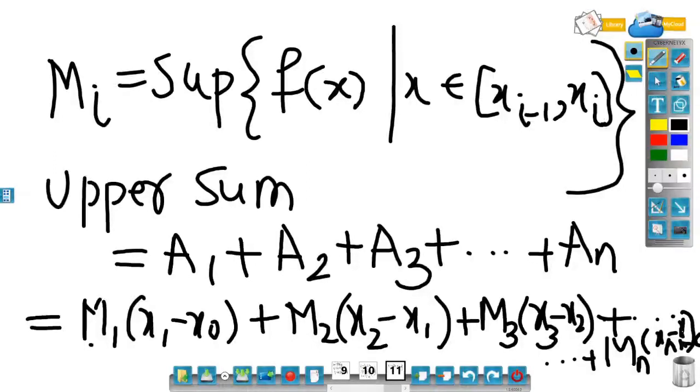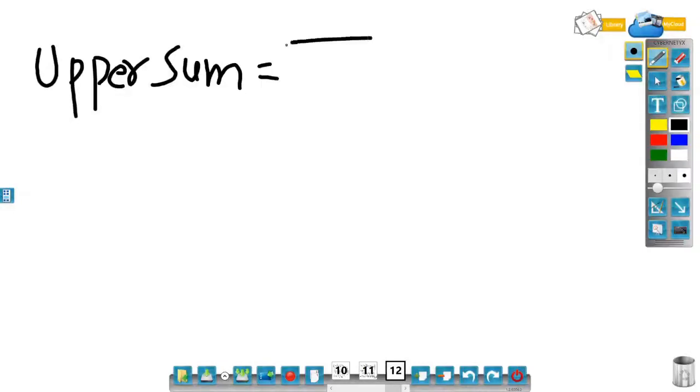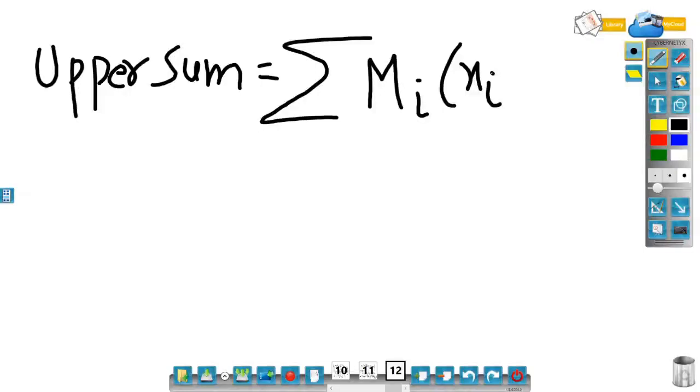Right. This full expanded form can be written in a compact way. So upper sum is equal to the summation of capital Mi into xi minus xi minus 1, where i goes from 1 to n.